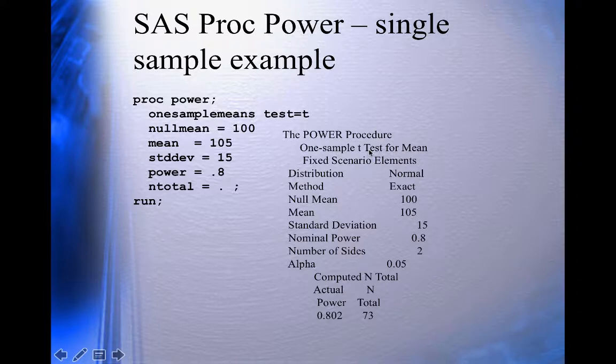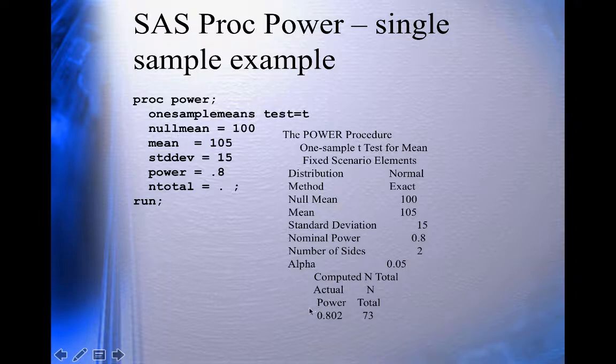Power procedure, one sample t-test for the mean, fixed scenario elements, distribution is normal, method exact, so this is an exact method of probability computation. Null mean is 100, the observed mean is 105, standard deviation is 15, nominal power I want is 0.8, number of sides is two-sided here. Alpha is set to 0.5, so these things you can change if you want, but typically you don't.